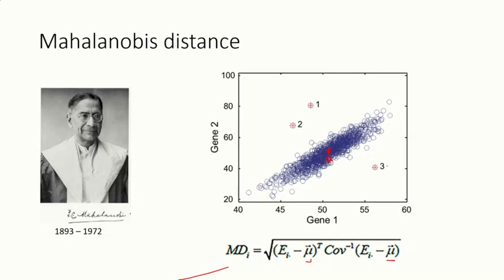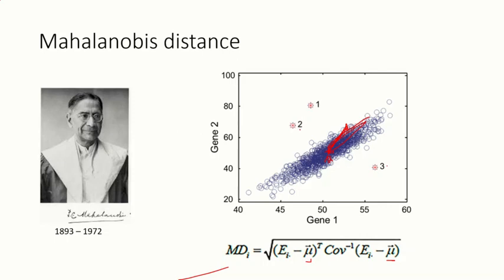If you compute the distance from here to here, or from this point to here, or from here to here, the value is not very different from a Euclidean distance. That's what you see on the plot.